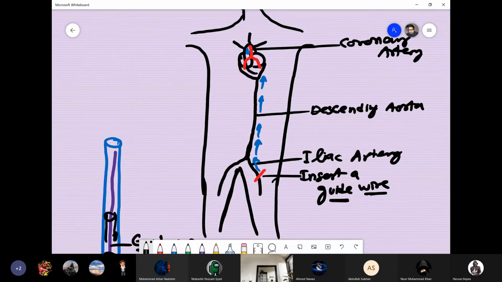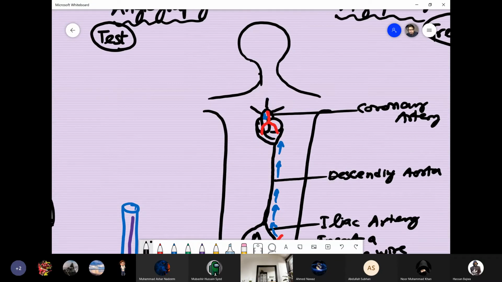Now let's suppose less liquid is going to this side, so it means that this side, this left coronary artery, has some blockage or some narrowing of the blood vessel because of the atherosclerosis.